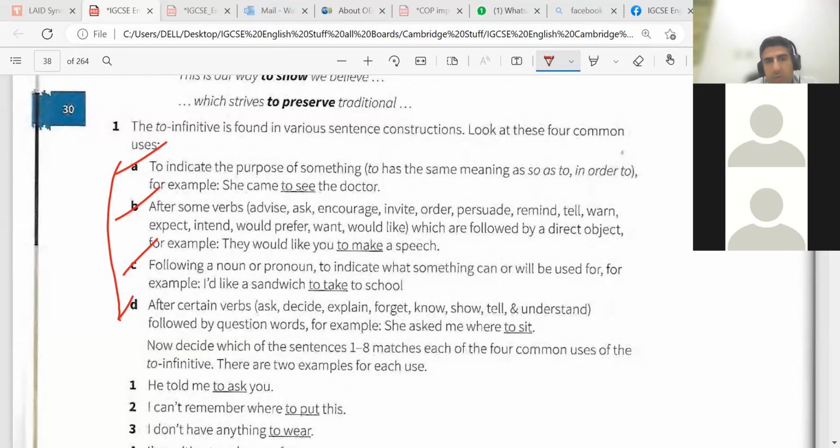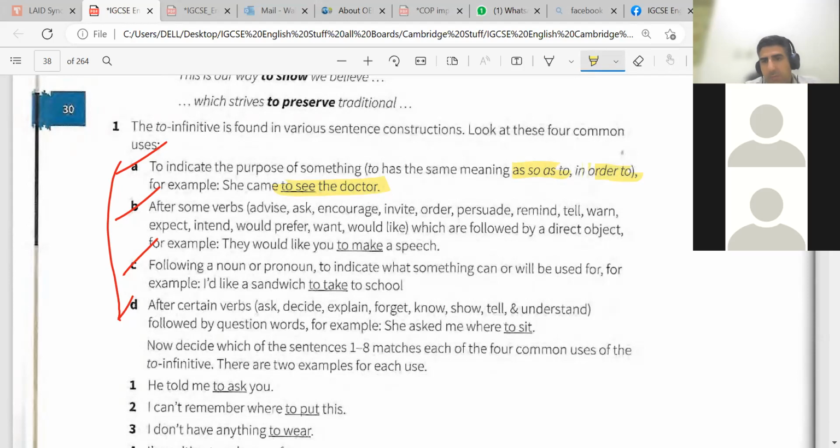If I ask you, why did she come? To see the doctor. So this one is to indicate the purpose of something. In this way, you can say so as to or in order to: so as to see the doctor, or in order to see the doctor.